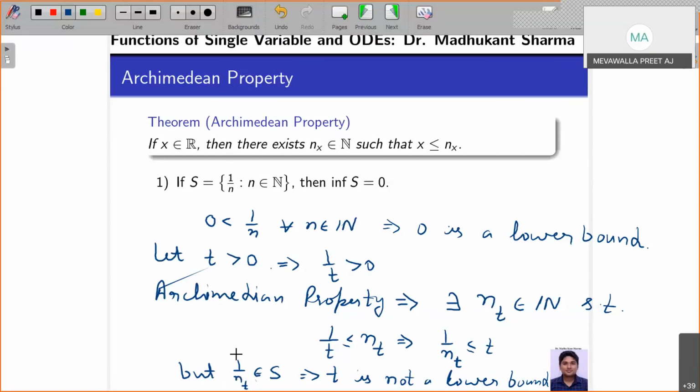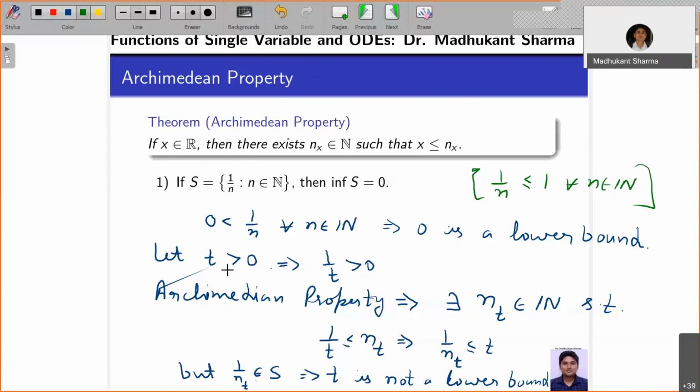Once you identify a number in between, you don't need to know whether t is covering S. t greater than 1 cannot be possible as a lower bound concern, because every element 1 by n is less than or equal to 1 for every n in N. For n equal to 1 it gives equality, and other members are always strictly less than 1.